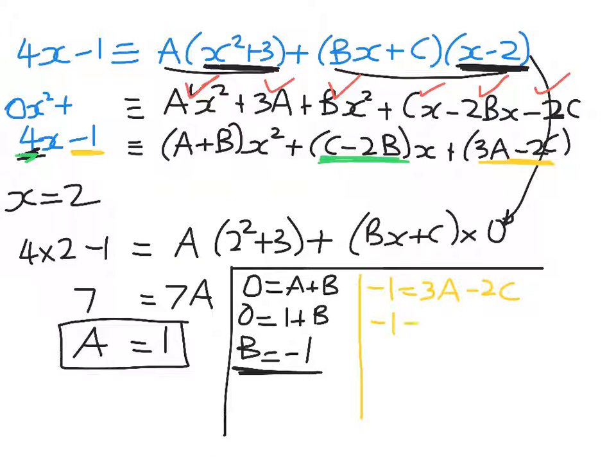We know what A is, it's 1. So negative 1 is equal to 3 minus 2C. Negative 4 is equal to negative 2C, which gives me C is equal to 2. So we're done. All I have to do now is to write the answer out nicely, because we're asked to write that single fraction as the sum of partial fractions. So I'm going to do that on the next slide.